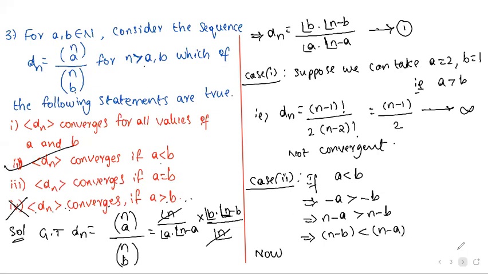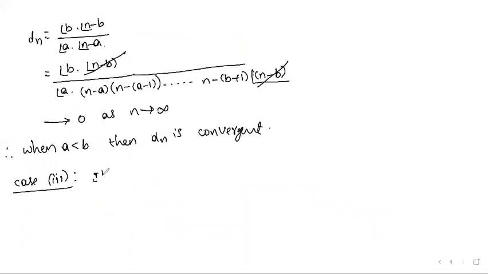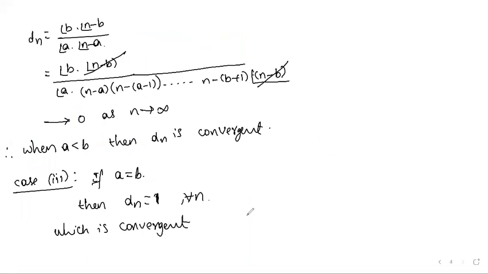And the third option, a is equal to b. Case 3: if a is equal to b, then the sequence d_n is a by a or b by b, both cancel, so that is equal to 1 for all n, which is convergent because it is a constant sequence.